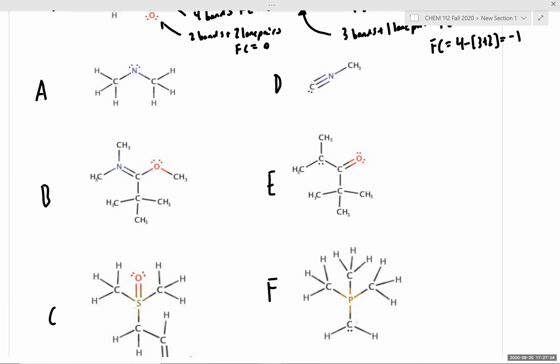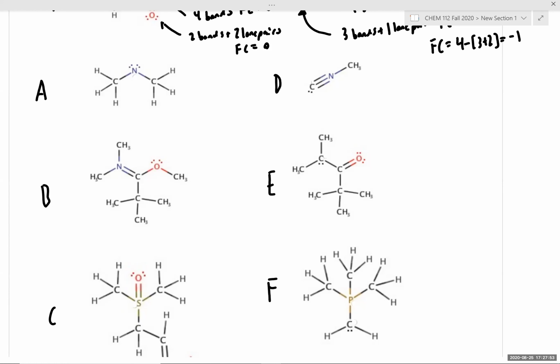Remember, when in doubt, make sure to check your formal charge assignments using the formal charge equation. So let's keep working on this example, and we'll discuss in about another 4 minutes.